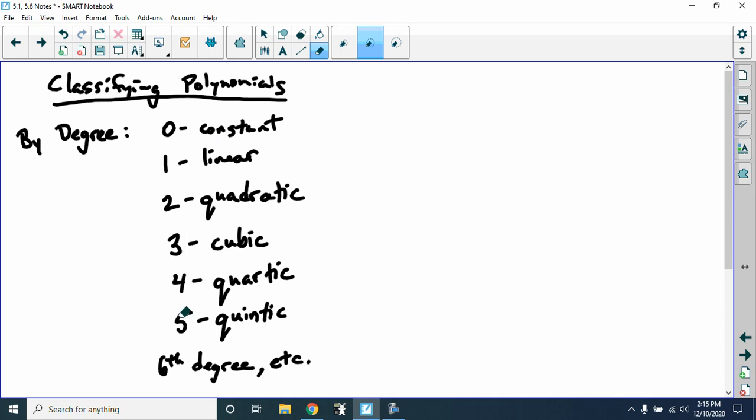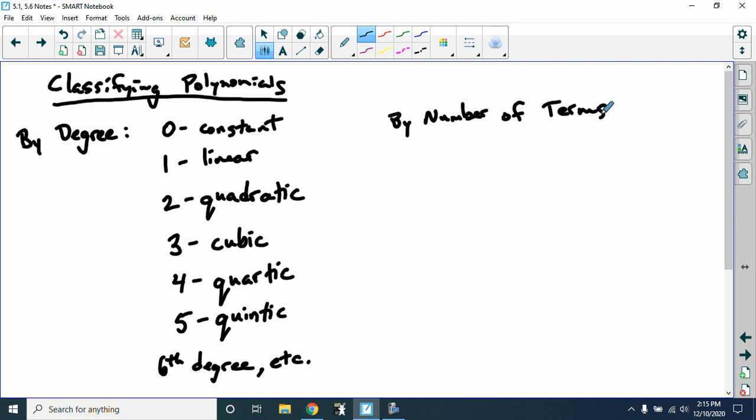So we can classify first based on degree, and then we can also classify based on the number of terms that the polynomial has. If it has one term, it is called a monomial. 2 terms is a binomial.